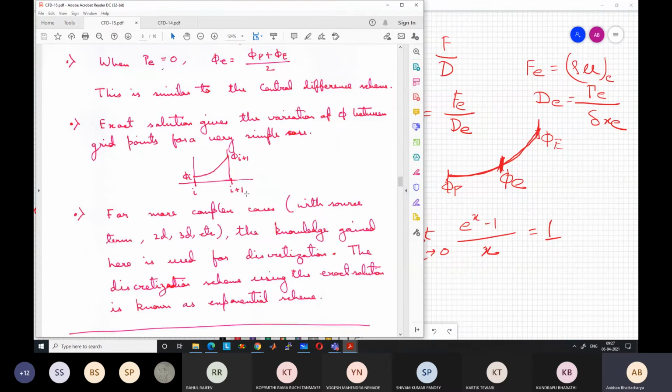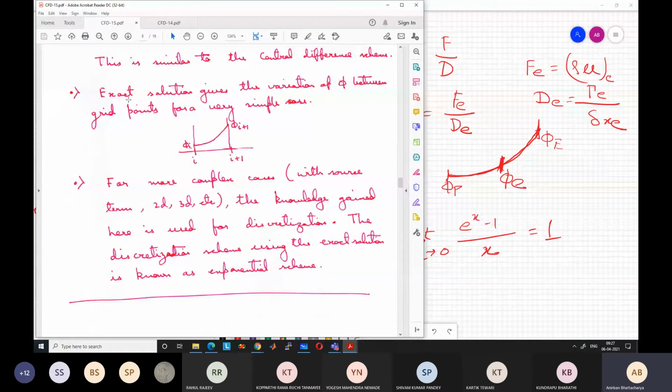Okay. Then next point is exact solution gives the variation of phi between any two adjacent grid points. Okay, for a very simple case. So if I have two grid points I and I plus 1 with values phi I and phi I plus 1, we will be able to find out the variation using the exact solution. But this is valid, remember the assumptions, this is valid for 1D convection diffusion without source term and transient term. Okay.